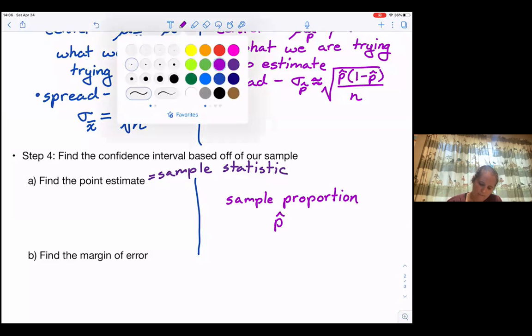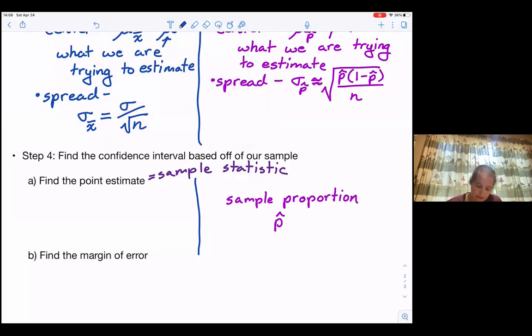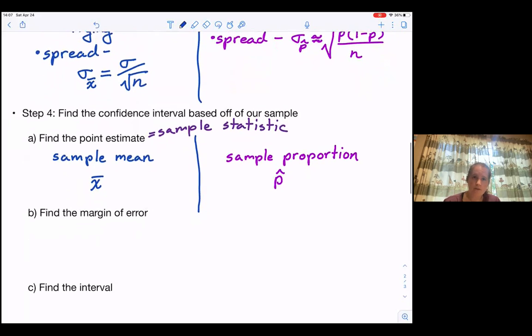For the mean, our sample statistic will be our sample mean, or x bar. So this is our base guess. It makes sense that whatever we get for our sample mean would likely be a reasonable guess for our population mean, just like the sample proportion was a reasonable guess for the population proportion. And then we want to give ourselves some wiggle room.